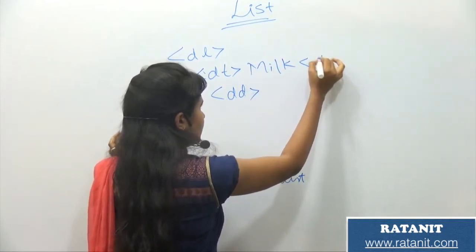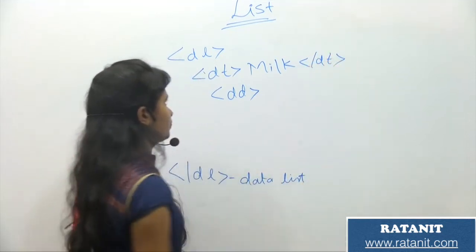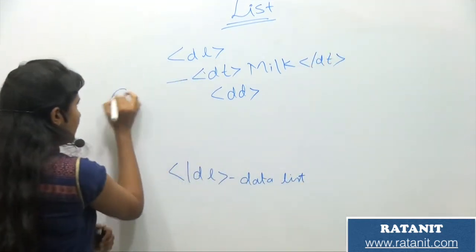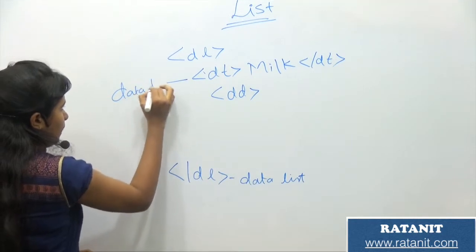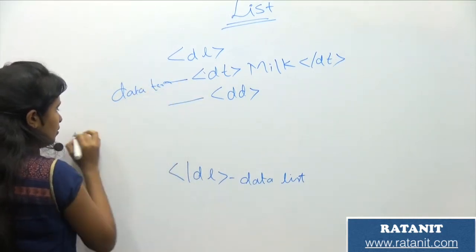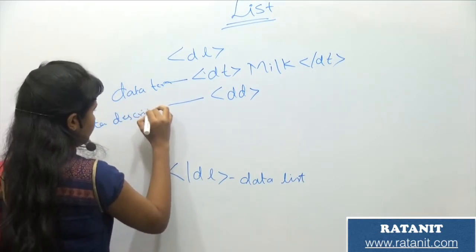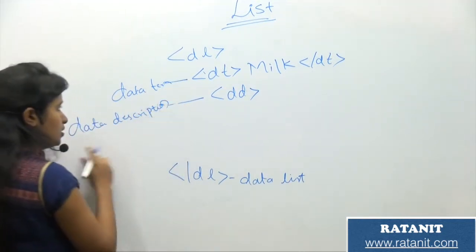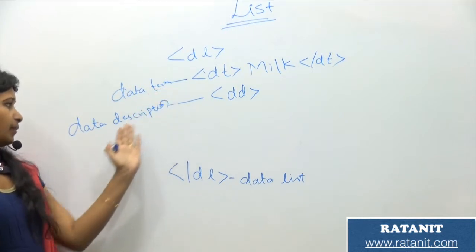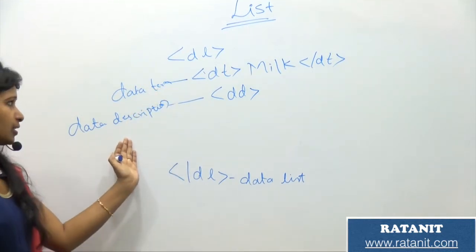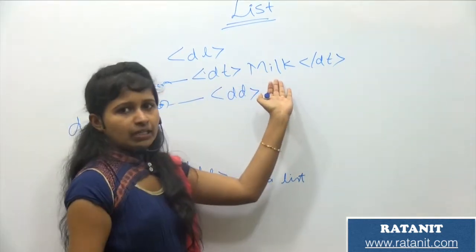Milk is my data term, and this is the data description. This is my data term and this is my data description. Here I am having milk.